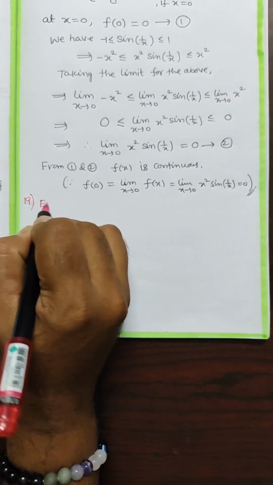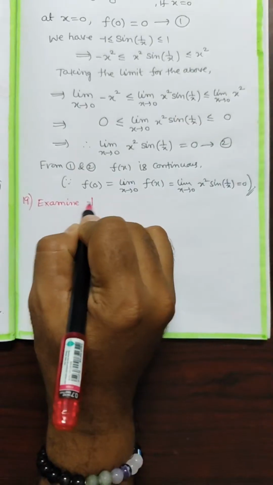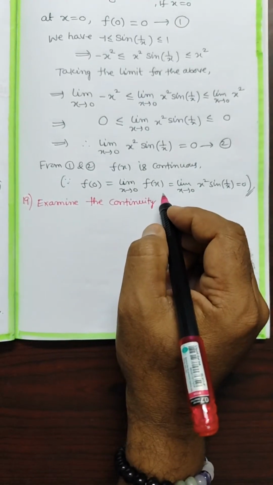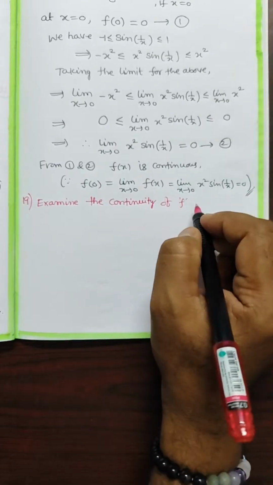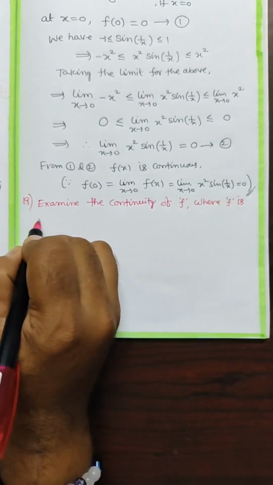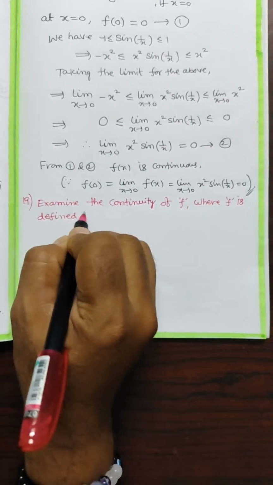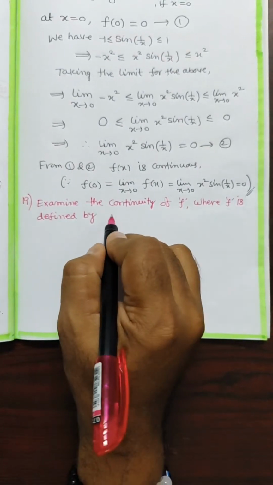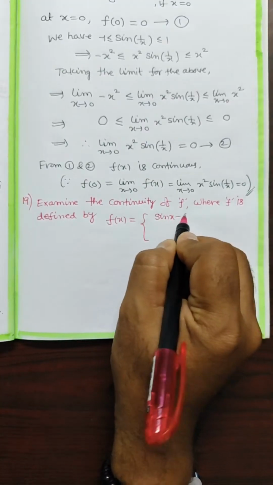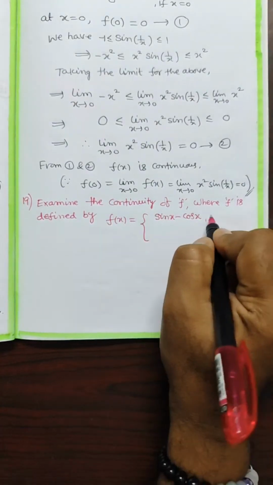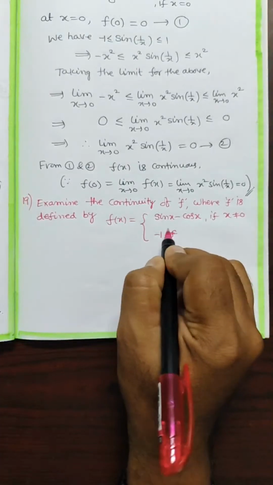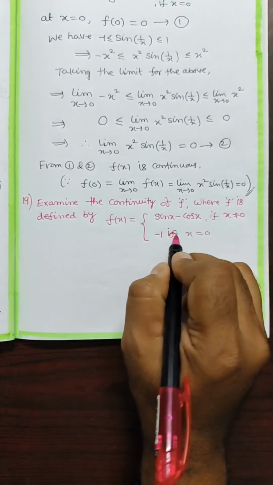Examine the continuity of f, where f is defined by f of x is equal to sin x minus cos x if x is not equal to 0, minus 1 if x is equal to 0.